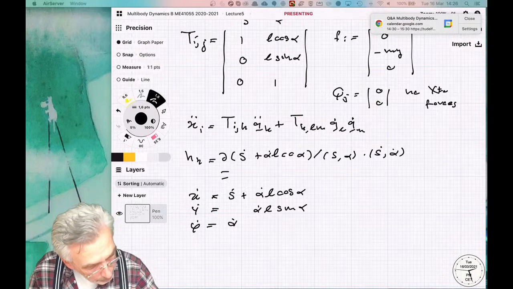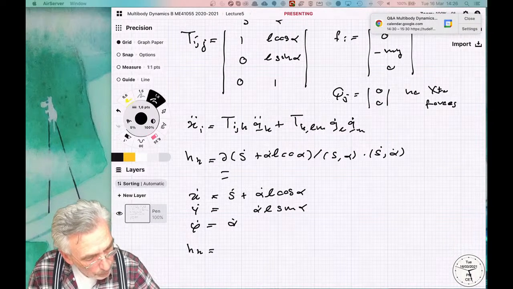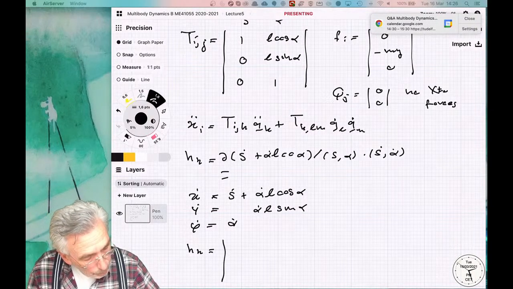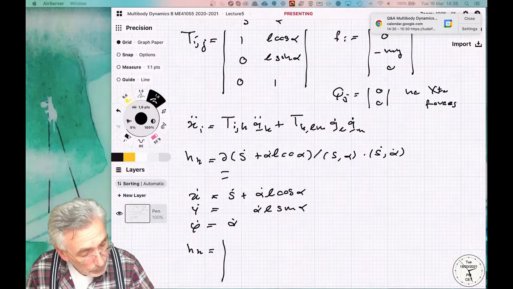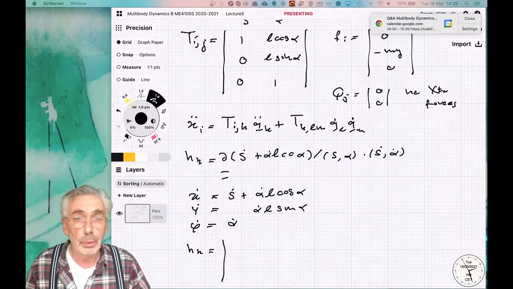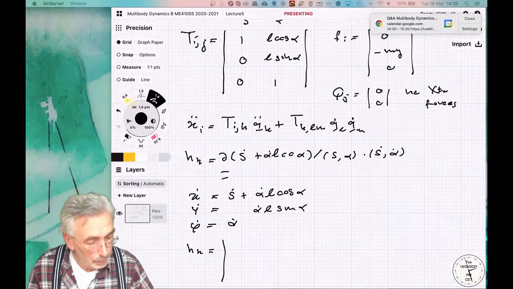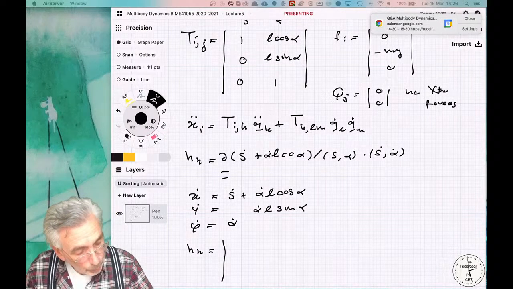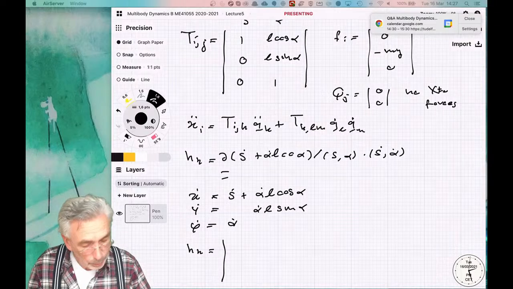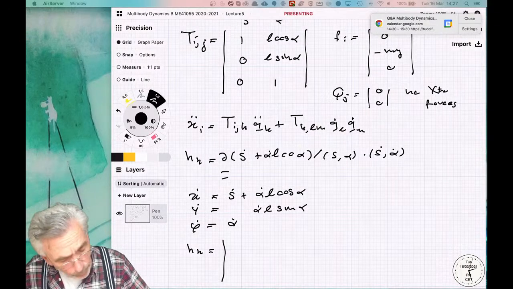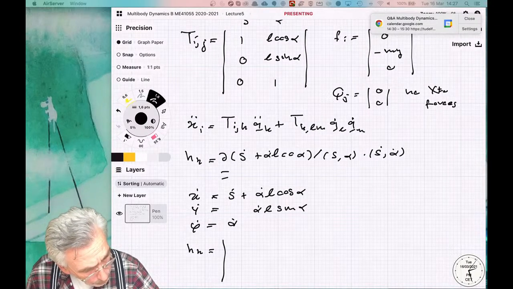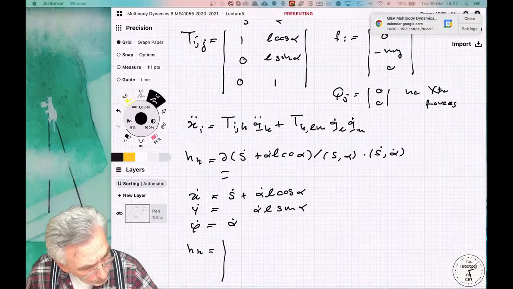So the h_k then becomes, well, for the first part, with respect to s, there is no s in the equation, so that's 0, right? Then with respect to alpha, yes, there is an alpha there, and so we get cosine alpha.